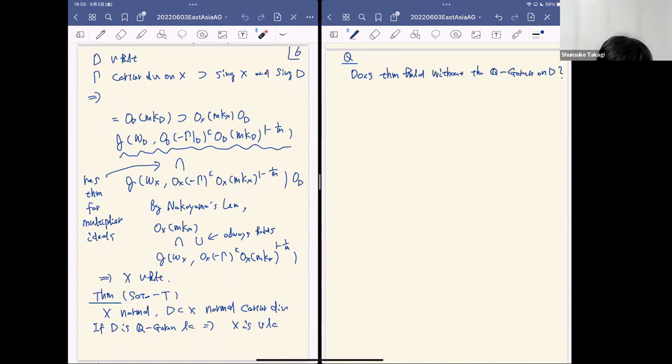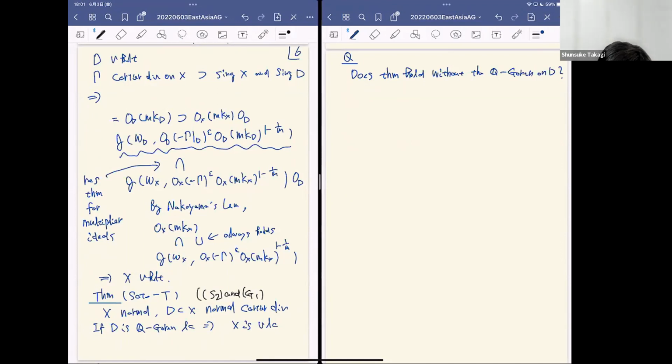Anyway, we can also prove the semi-log canonical case. In that case, our D is just S2 and G1. G1 means Gorenstein in codimension 1.